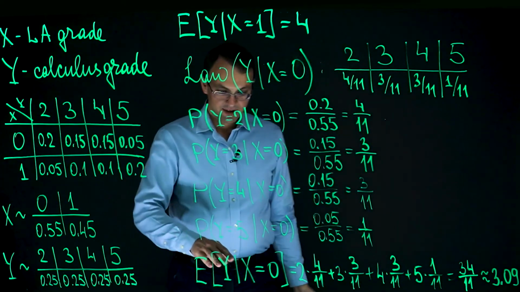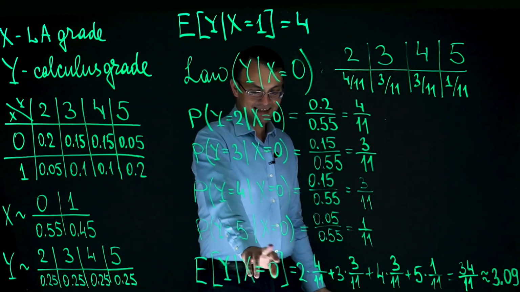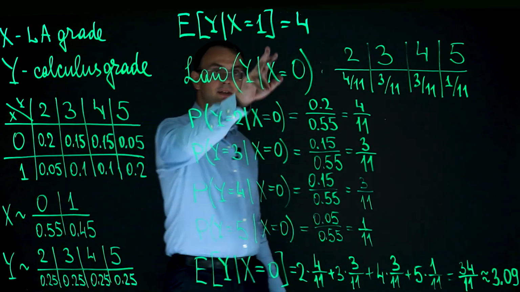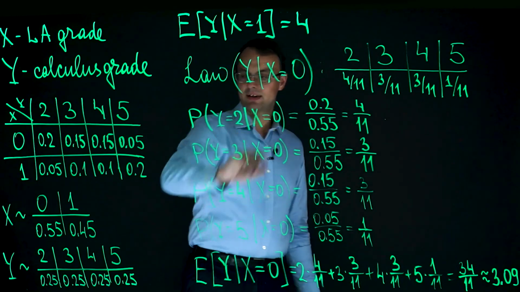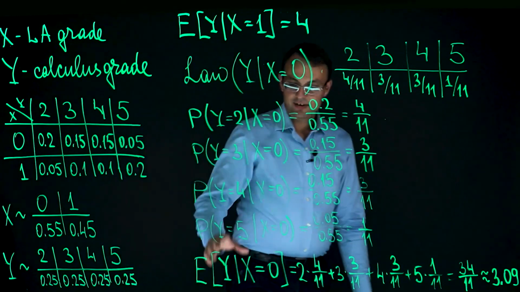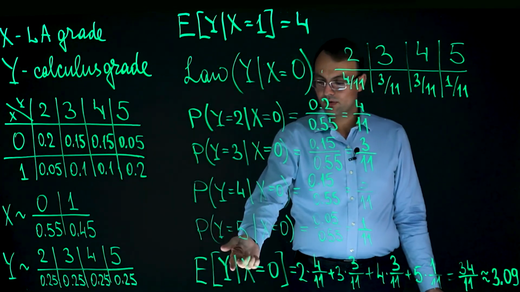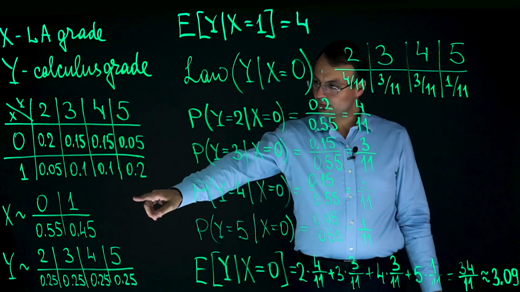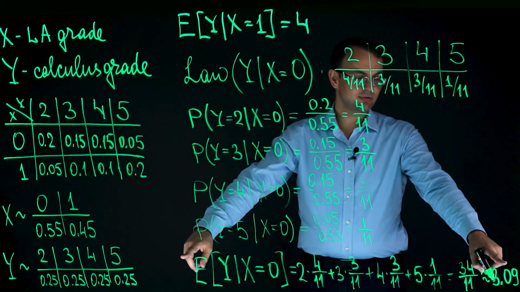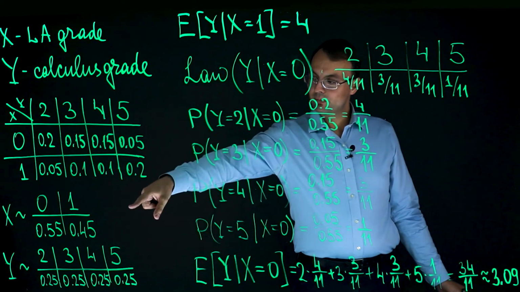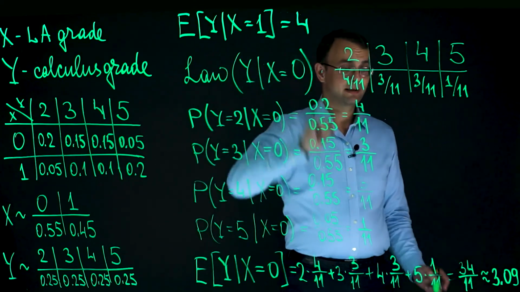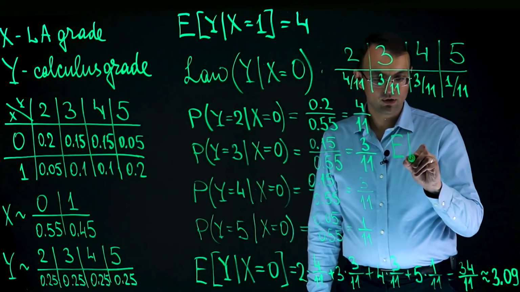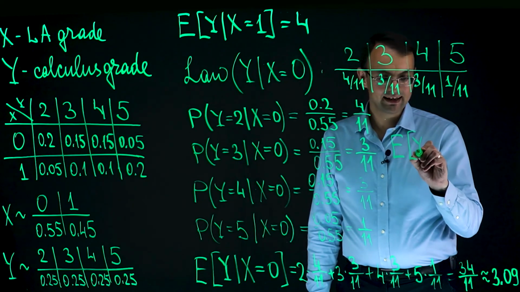And the probability of this case that x is 0 is 0.55, and the probability of this case that x is 1 is 0.45. So the expected value of y given x with probability 0.55 is 3.09, and with probability 0.45 is 4.